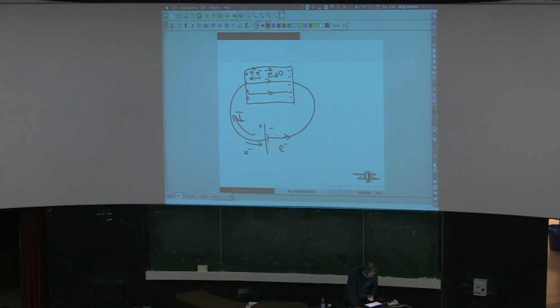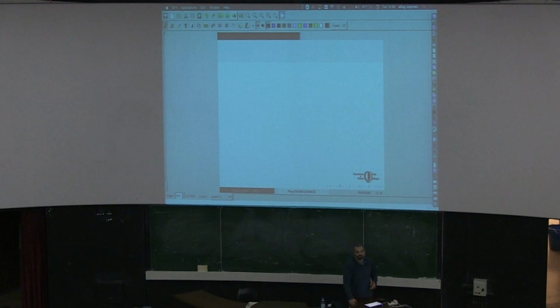Now the problem here is that the electron is not moving in vacuum. There are all kinds of other nuclei, other electrons around. So let's say this is the direction of the electric field, this is our electron. Now the electron in any material is in fact constantly moving.